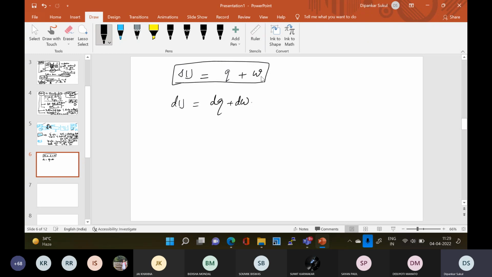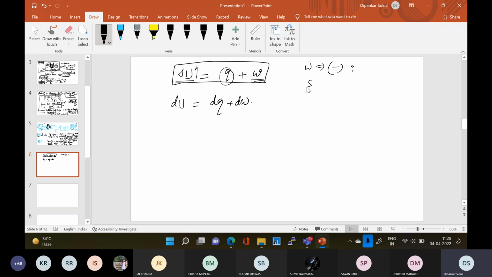And mind it, when Q is positive, that means the system is absorbing heat, and delta U will be positive. W positive means the surrounding is doing work, then also your internal energy will increase. So obviously, if W is negative, what does it mean?